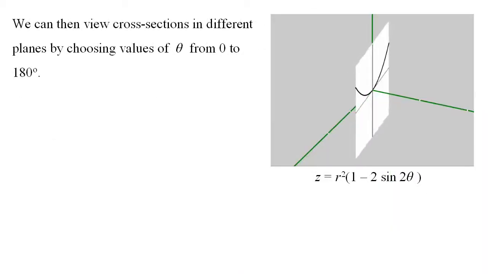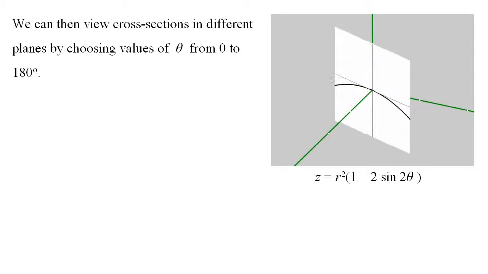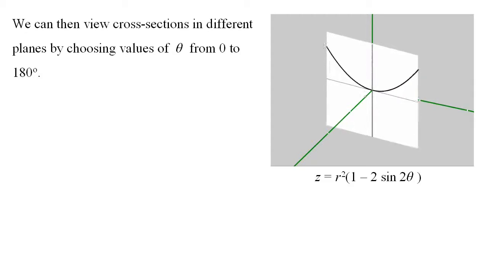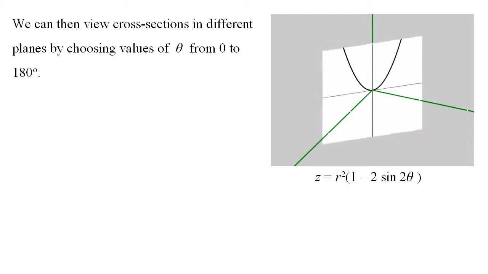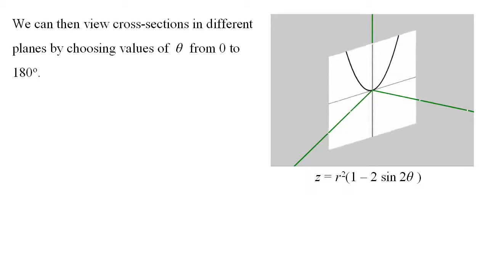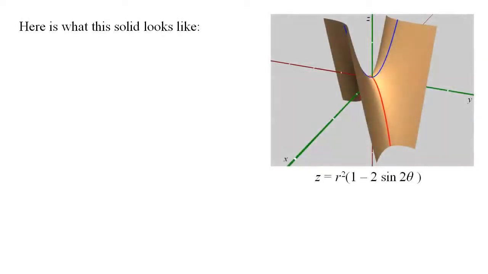We can then view cross-sections in different planes by choosing values of theta from 0 to 180 degrees. Here's what this solid looks like.